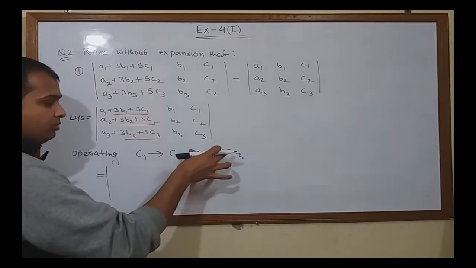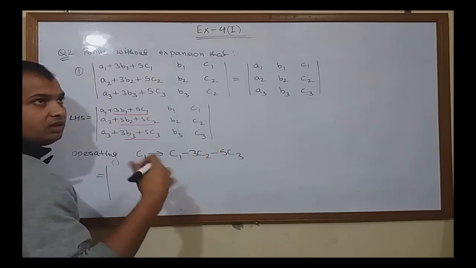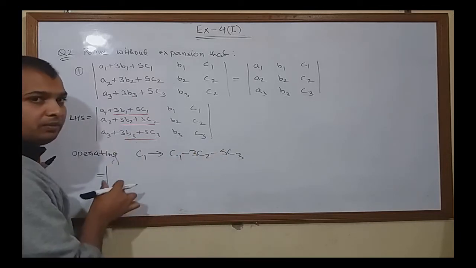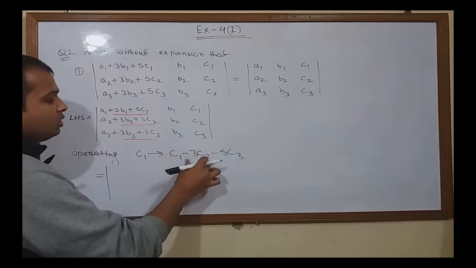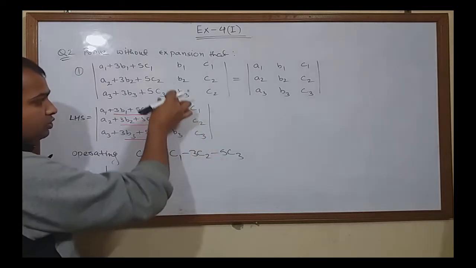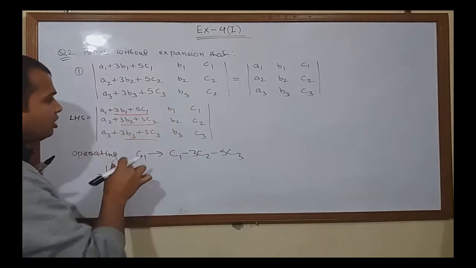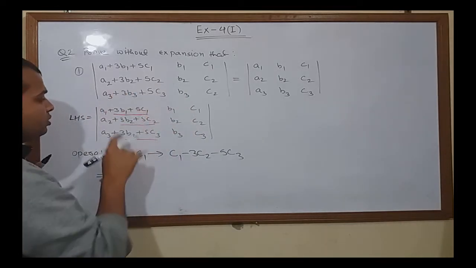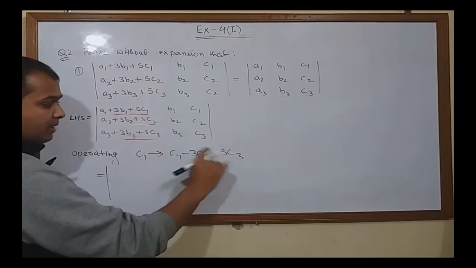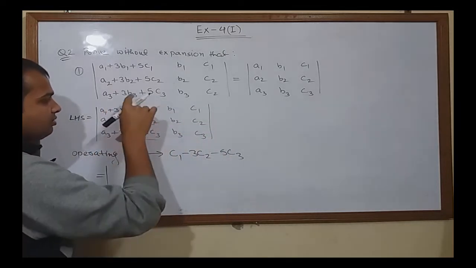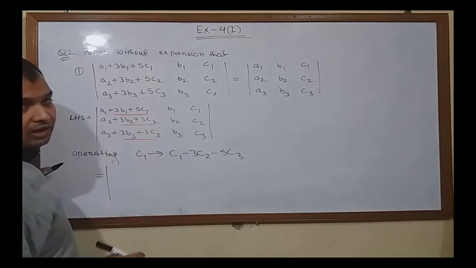Whatever you have written over here has to be done mentally; we are not going to write it out. Here I have said C1 minus 3 times C2. When I subtract 3 times C2, the second column, from the first column, 3b1, 3b2, 3b3 will get cancelled. And when I do minus 5 times C3, 5c1, 5c2, 5c3 will get cancelled.